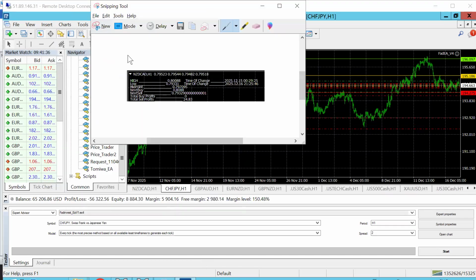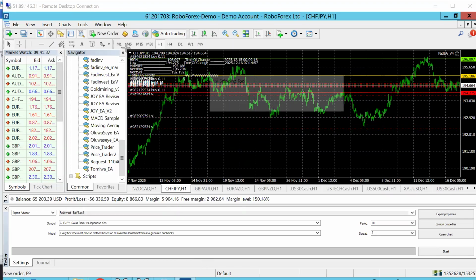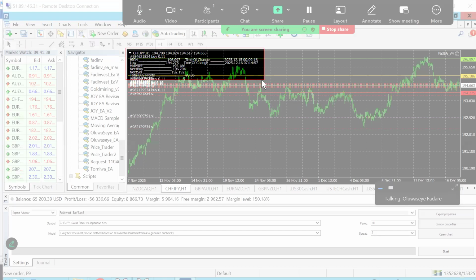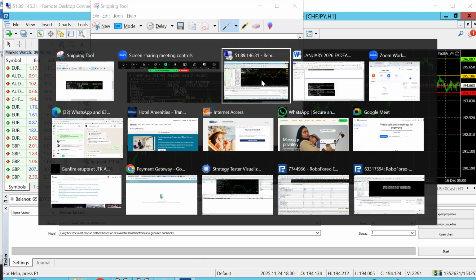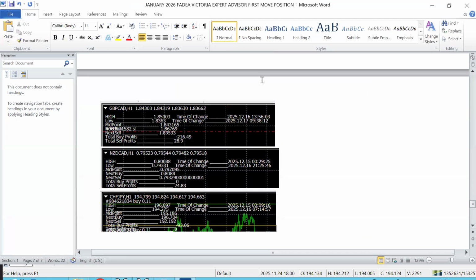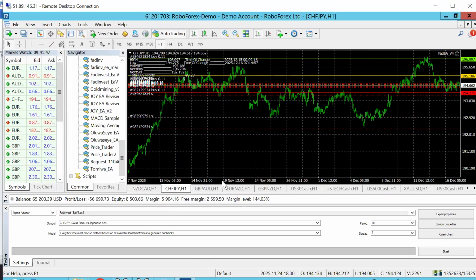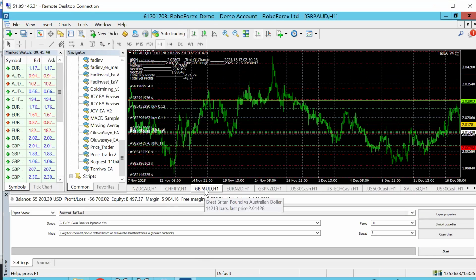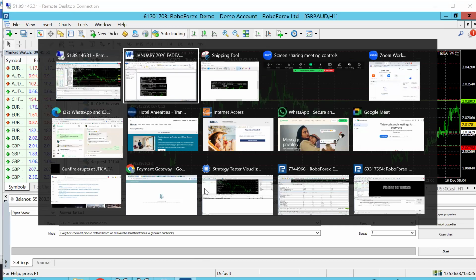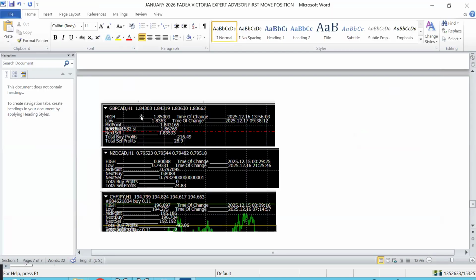So basically, what this report does is to help us identify the bids based on the highest price and lowest price, and also their positions.